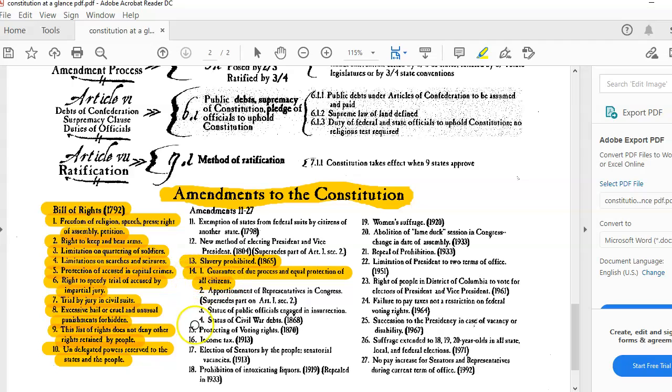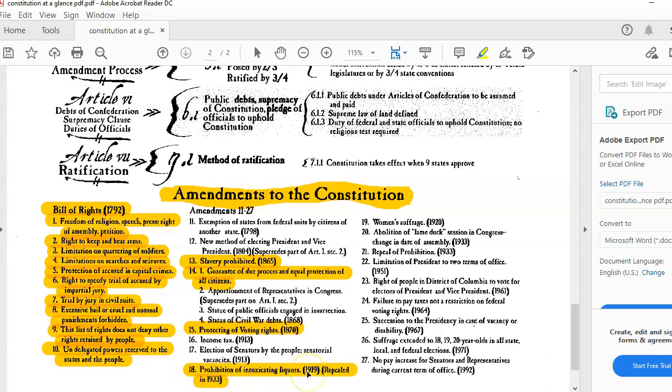And 13 and 14 and 15 were all considered Reconstruction amendments because they were passed during Reconstruction after the Civil War. So 15 is the protection of voting rights. Then you're going to have to know number 18, prohibition of intoxicating liquors, which is basically when they prohibited the use, sale, and manufacture of alcohol in the United States, and that was in the 30s.